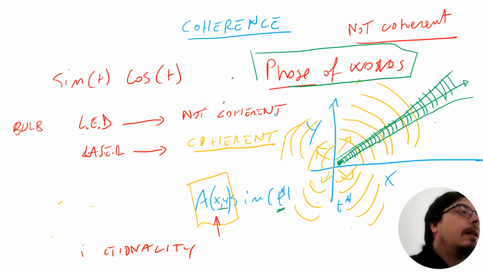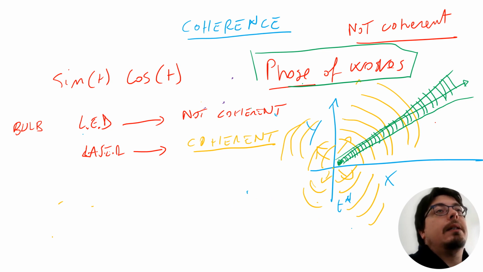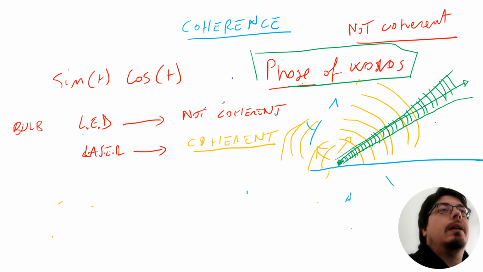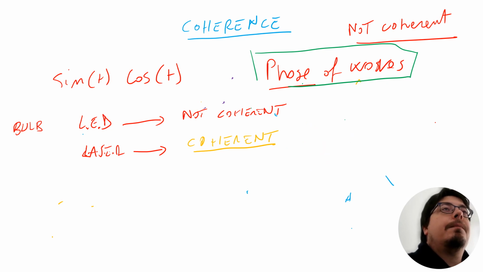I hope I gave you an idea of why we have laser light that is so directional and powerful with respect to light emitting diodes or bulb light like our normal lamp.